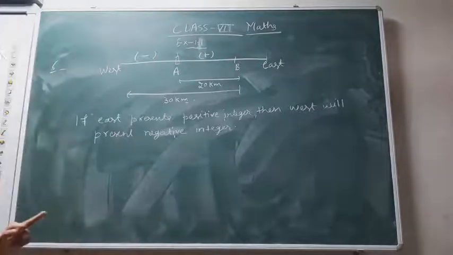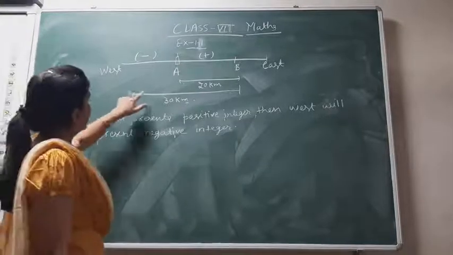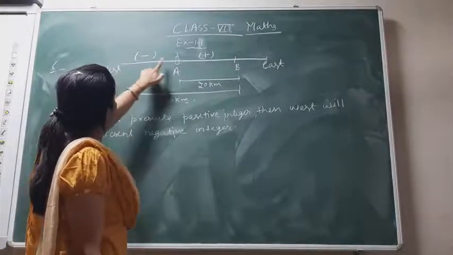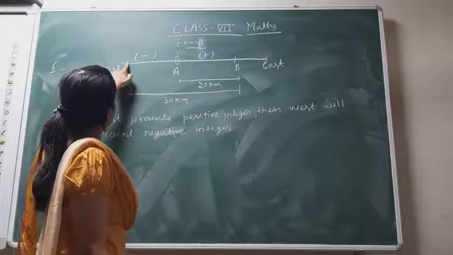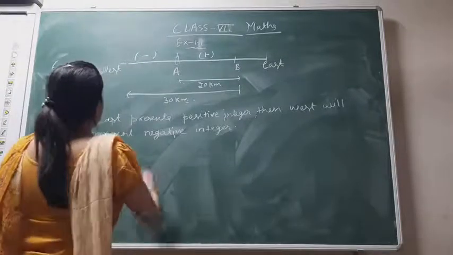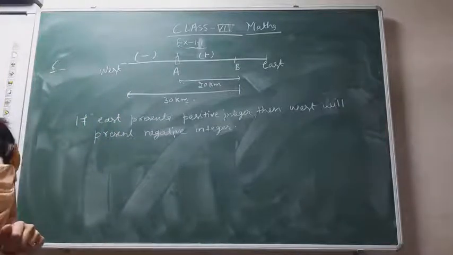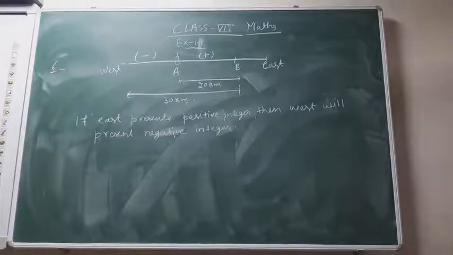Now in the second part, they have asked to tell the final position from A. In this direction where she has reached, we have to tell this one. So firstly, we will write it.